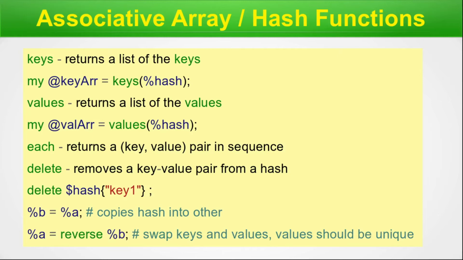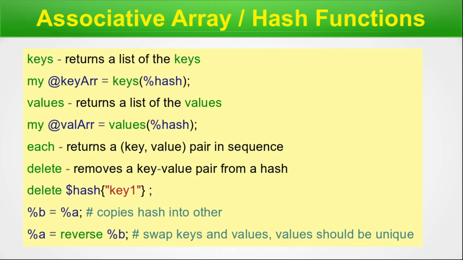%a is equal to reverse %b. So what will this do? It swaps the keys and values, and they should be unique. So when we reverse whatever key value pairs are in b, the key and value places will be interchanged in the hash a, provided that each key value pair is unique, so we do not have a repetition.